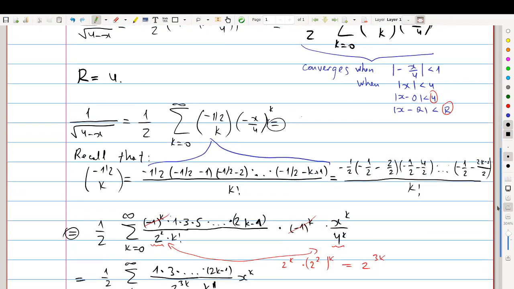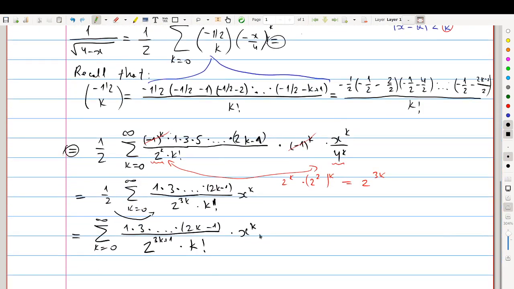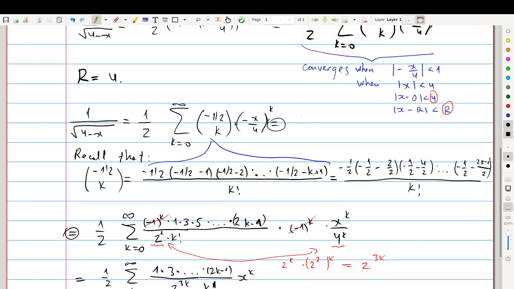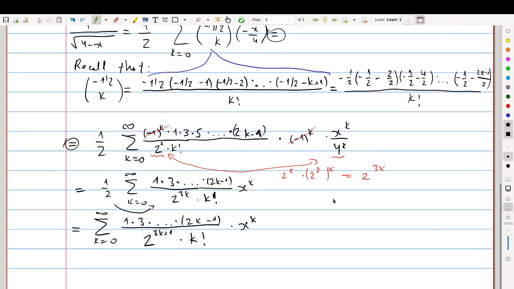Here, on the other hand, if you were to answer what is the radius of convergence of this series, you would have to apply the ratio test, and it would be some work to do. Fortunately, we have done this already. We have already determined that the radius of convergence of this series is 4, so I can just put it here as well. So I can say that 1 over square root of 4 minus x is equal to this when the absolute value of x is less than 4.